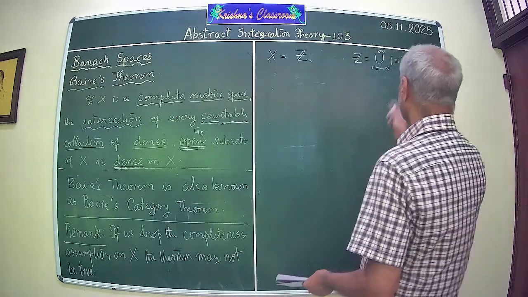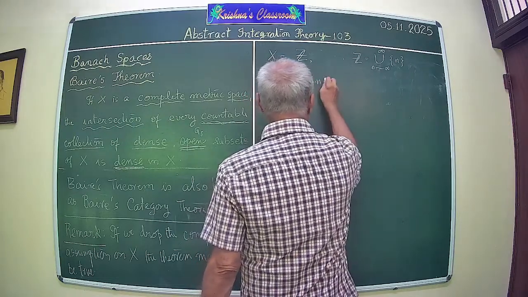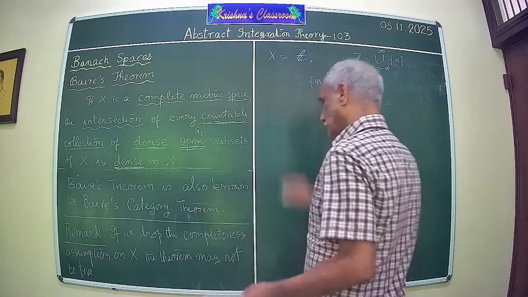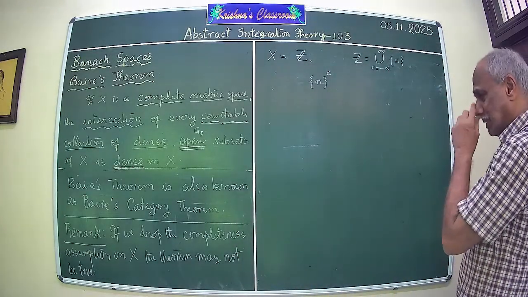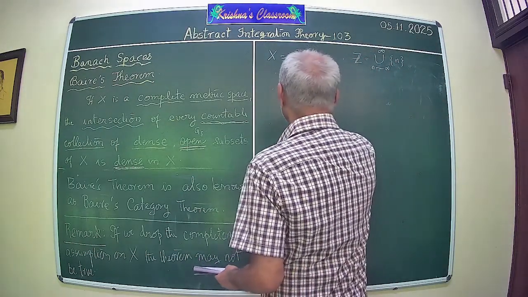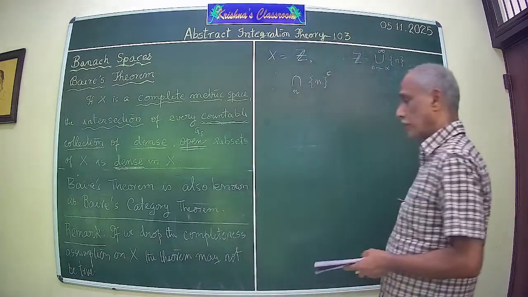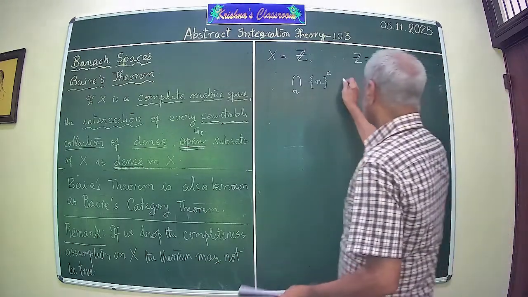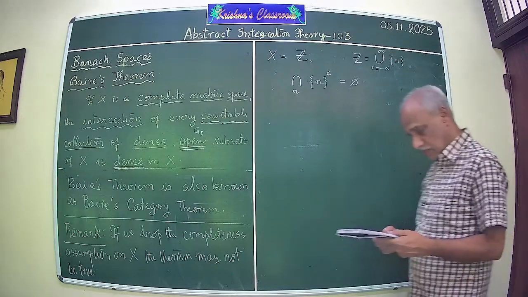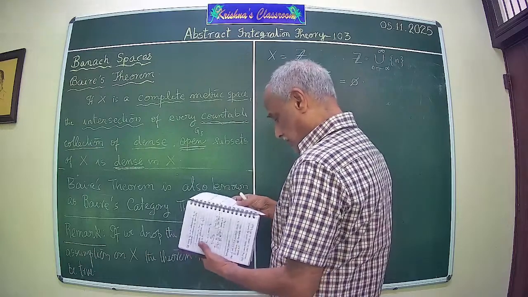For instance, this is a closed subset; take its complement, then it is open. So you take the intersection. What will happen? Okay, we'll do an example in a different way.